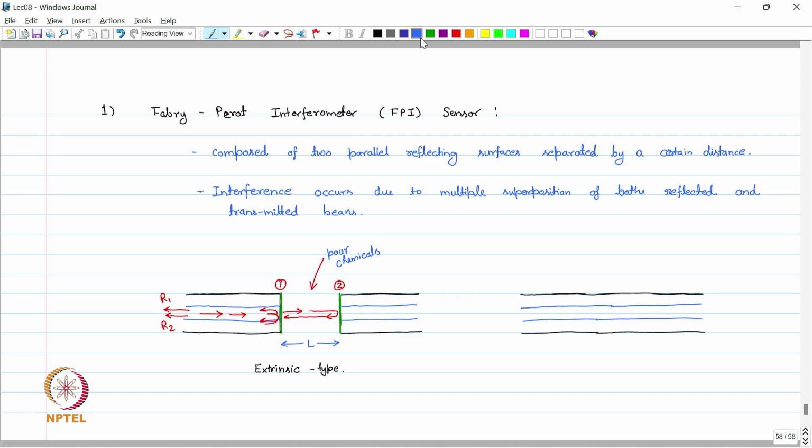So this is a single fiber, and now within this fiber itself we make a discontinuity at this point and at this point. This we can do by laser scribing or many other methods. So this case is the intrinsic type, where we are not cutting the optical fiber.